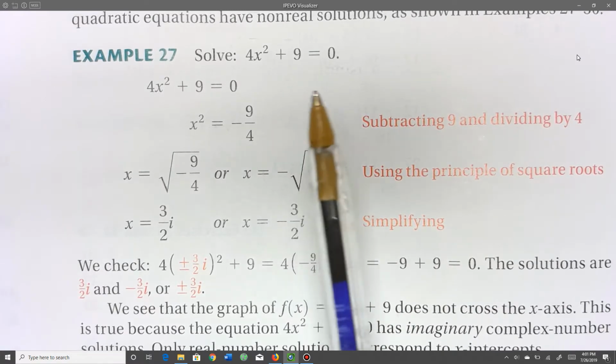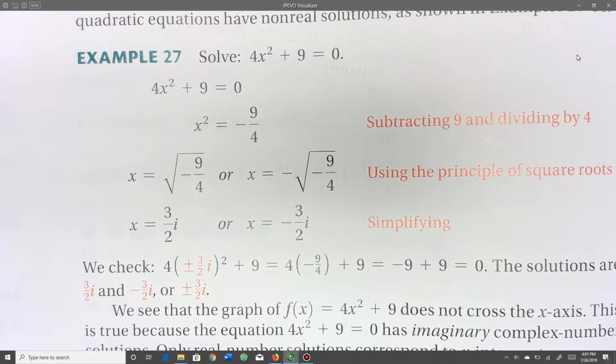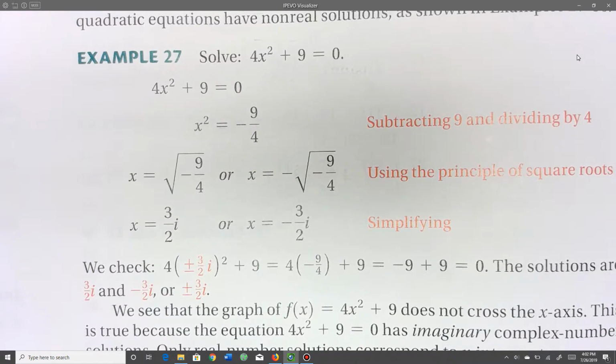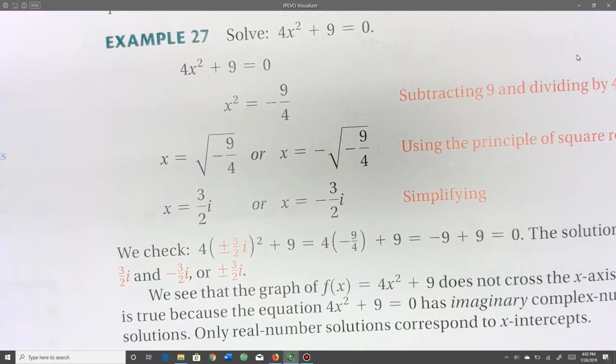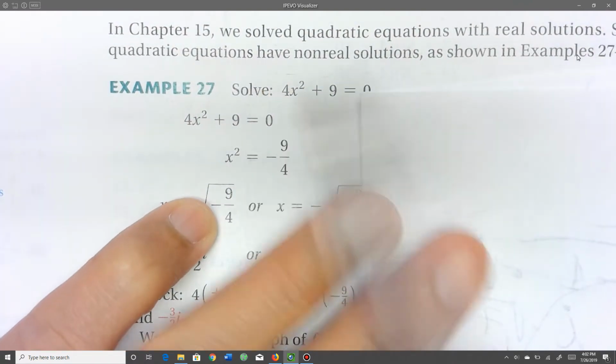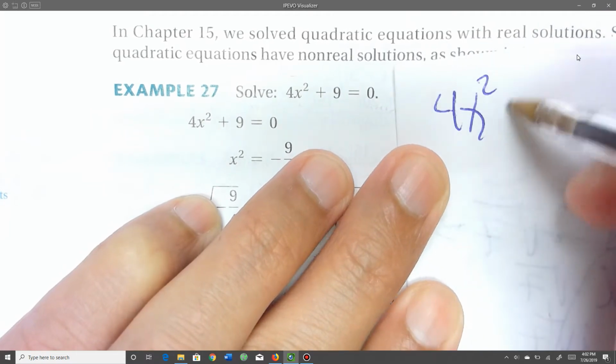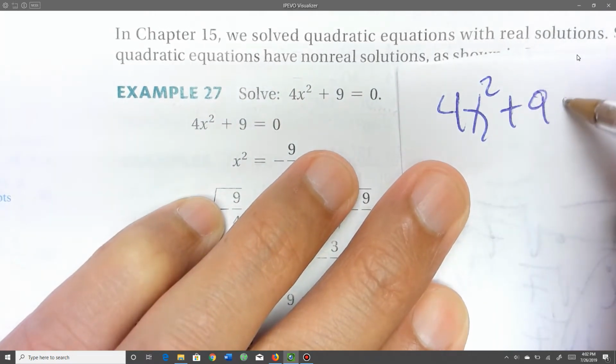I'm going to work this one out, because, let me see, let me fold my paper here. It is asking us to literally solve for x, and I'm writing on my paper here, which is what you should do too.